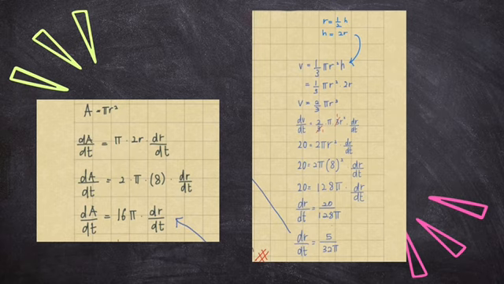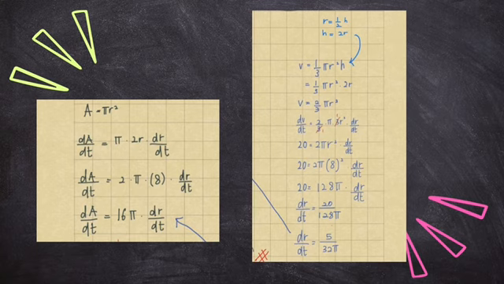After that, we differentiate the formula with respect to time. Again, substitute all the values given, and then it's going to be 20 equals 128π dr/dt.